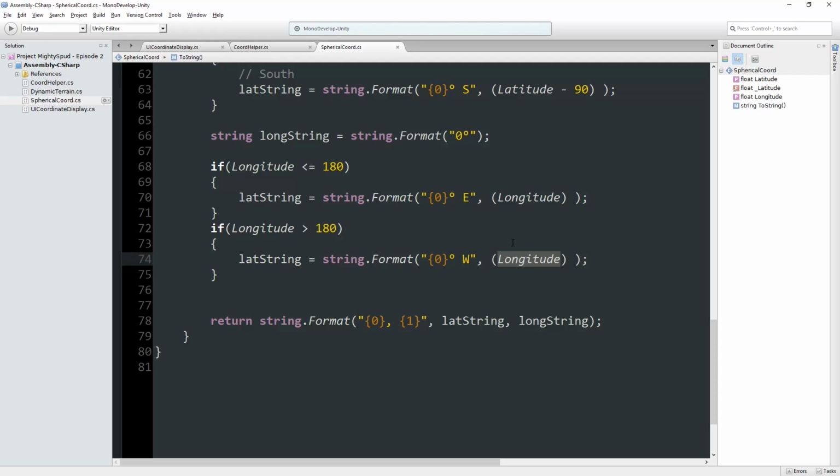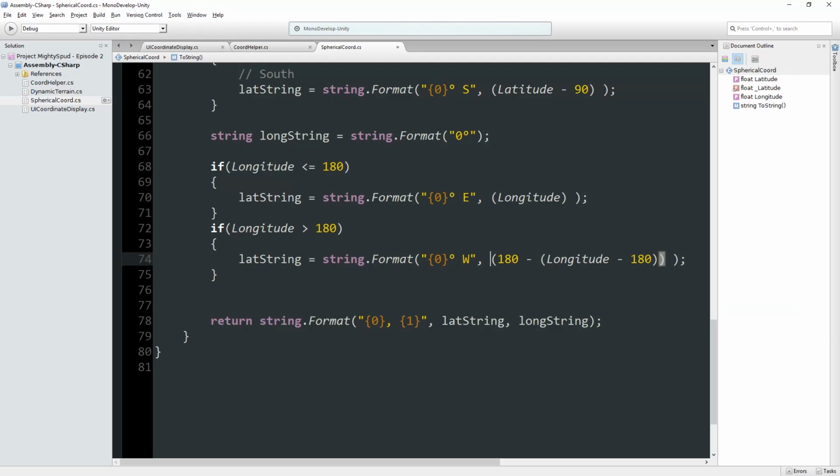Where we have to do what? As we go further to the west, the internal number gets closer to 360 degrees. So what we want to do is take the longitude minus 180. So now it's going to go from 0 to 180. But we need to invert it. So we take that and do this. I don't think we need more parentheses, but I like parentheses for clarity.